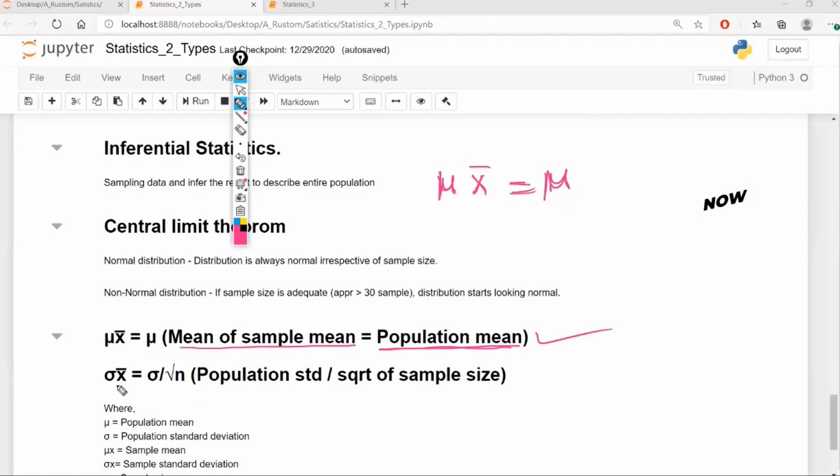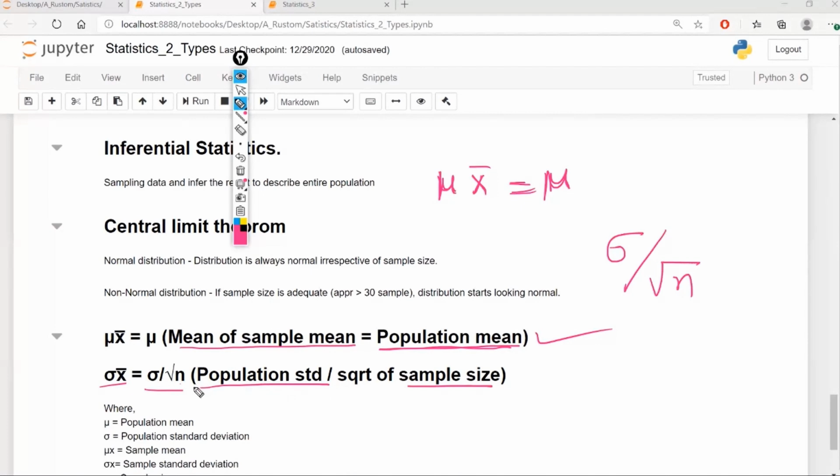All right. And what is this? Here sigma is the standard deviation and x bar is the sample mean. If I ask what is the standard deviation of a sample, I can write this formula: sigma divided by the square root of n. Sigma is the population standard deviation and n is the sample size.